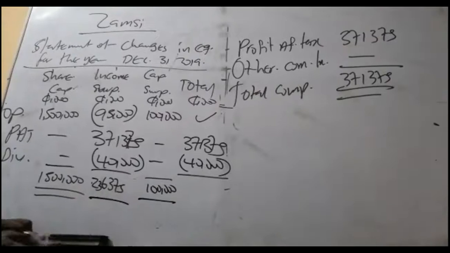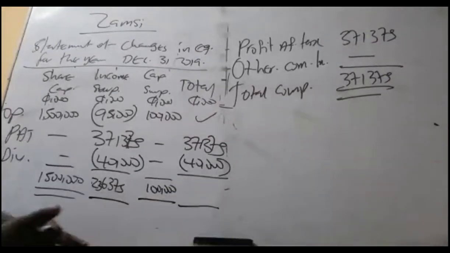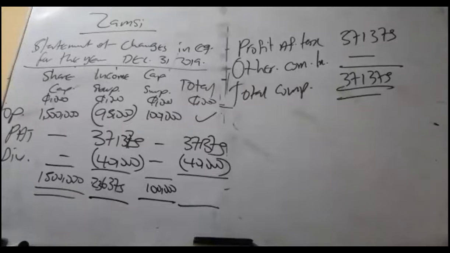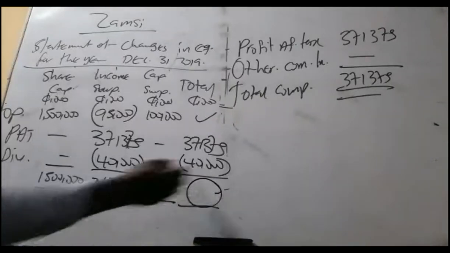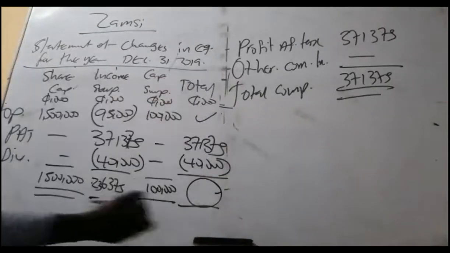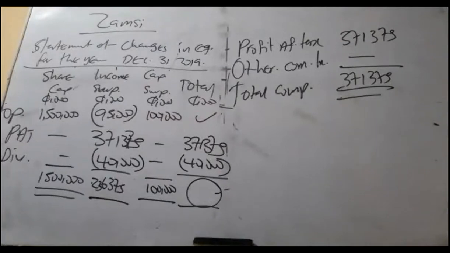If you go to the financial position, the balance sheet, these are the closing balances we are going to use in the books. So go in and include these figures in the changes in equity section.